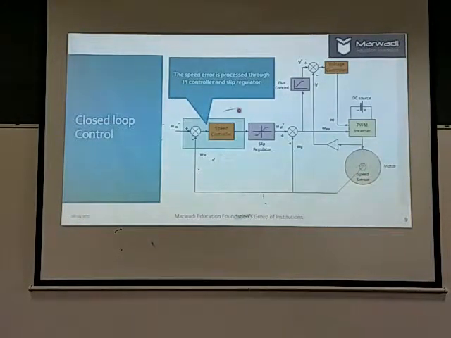Now the first is that the speed error is processed through a PI controller and the slip regulator. So whenever there is an error, there is a PI controller which will process this error and give the current as the output. Now the slip regulator will ensure that the maximum slip is maintained, and this way we can maintain the maximum current that will flow through the inverter.